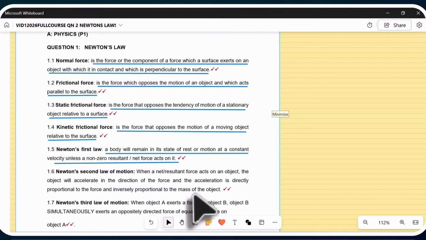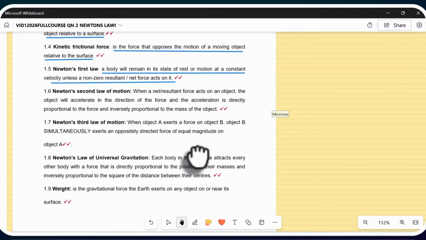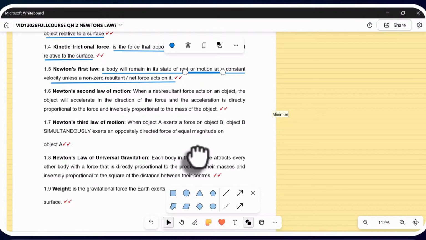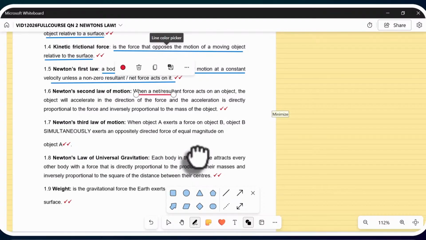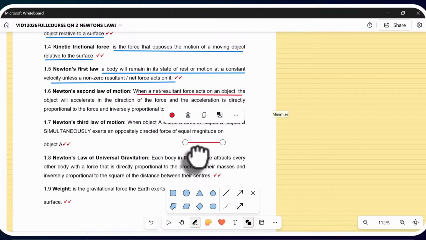When a net or resultant force acts on an object, then the object will accelerate in the direction of the force, and the acceleration is directly proportional to the force and inversely proportional to the mass of the object.